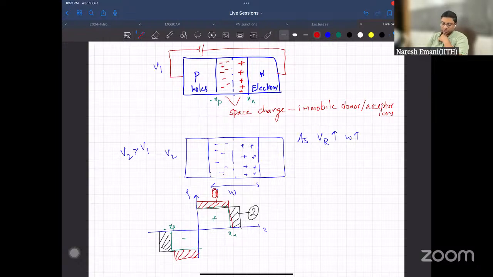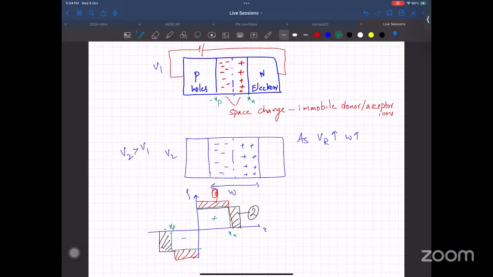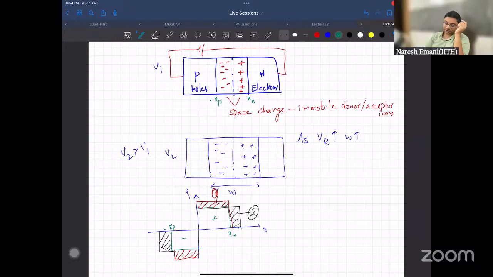Why is option two the correct answer and not option one? The important thing to realize is we are assuming a uniformly doped semiconductor.